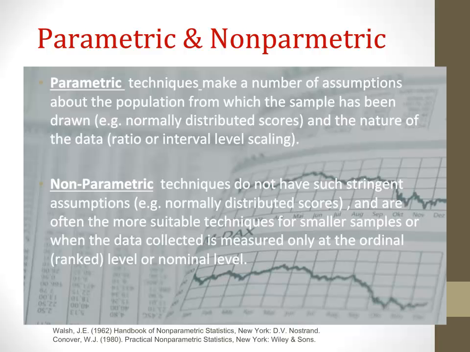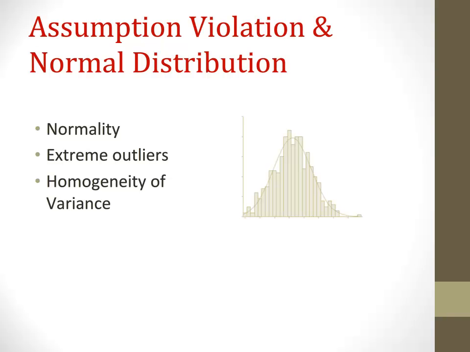However, if the data you collect, even when it's at ratio or interval level, has majorly violated assumptions, then it is more appropriate to use the nonparametric alternative. So this brings us to our third factor for choosing a statistical procedure, and that is assumption violation.